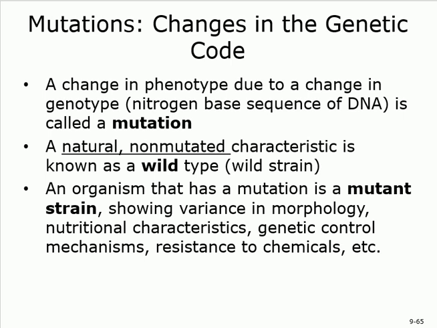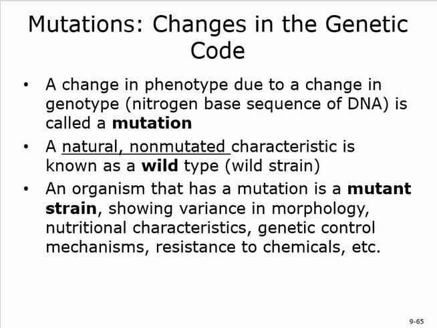If you change something here, which is the genotype, it will lead to a different phenotype. So the natural non-mutated type we call the wild strain or the wild type. If it is mutated, we call it the mutant strain. Wild is the normal that does not have any issues. Mutant is the one that's mutated for some reason.